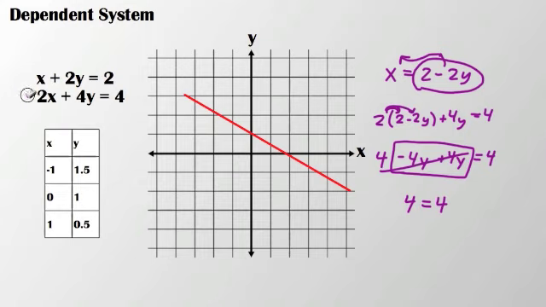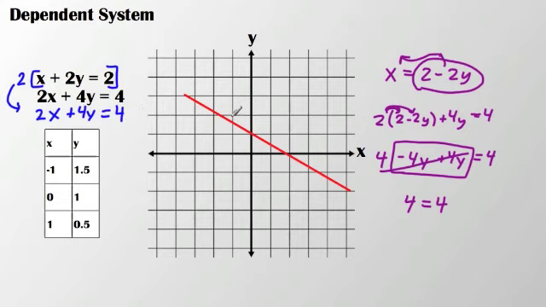Some of you might notice that if I multiply everything in the first equation by 2, I get the second equation. They're the same exact thing.